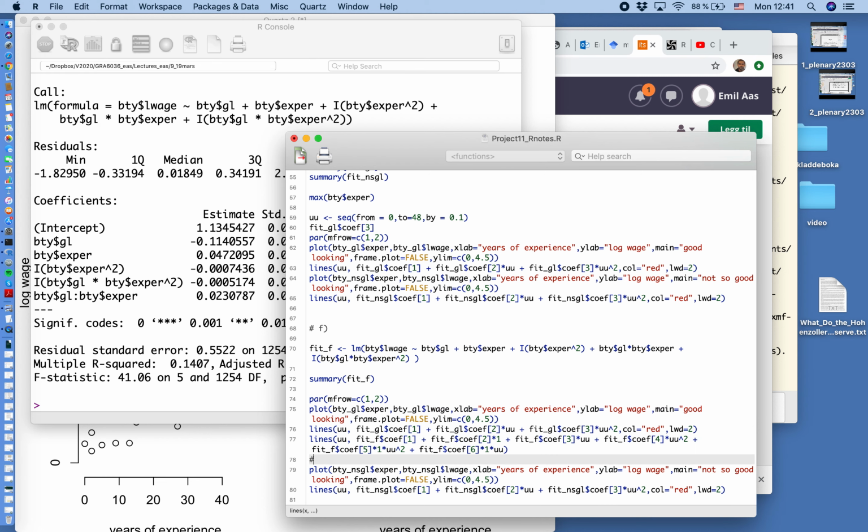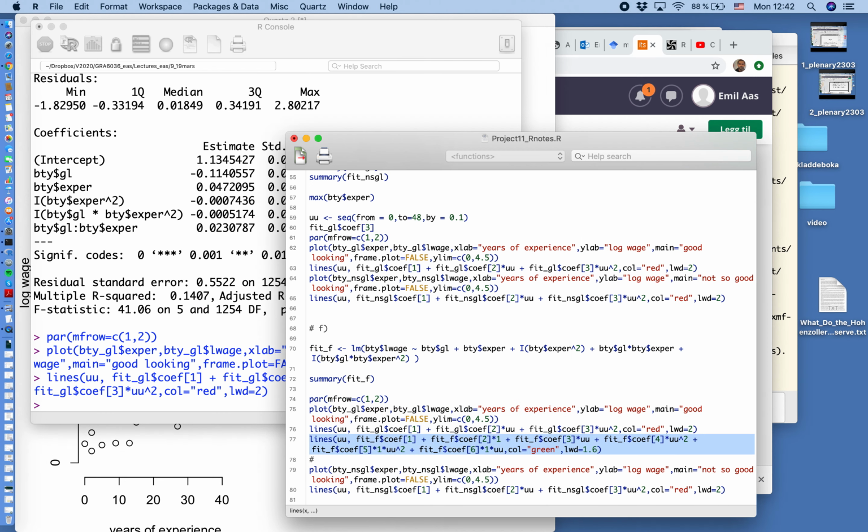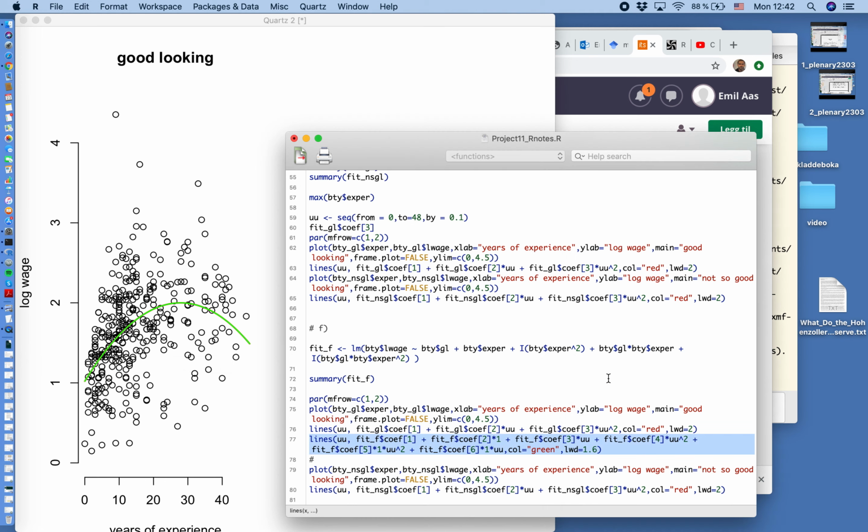So let's have this color green, and make the line width 1.6, so we might be able to see the red below it if they overlap. Now we run this code, so we have the red line, and now we add this green line, and we see that the green line overlaps the red line, so the predictions are the same.